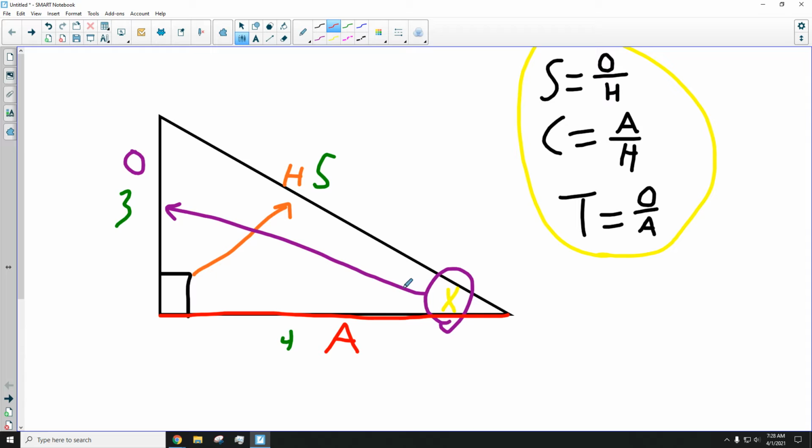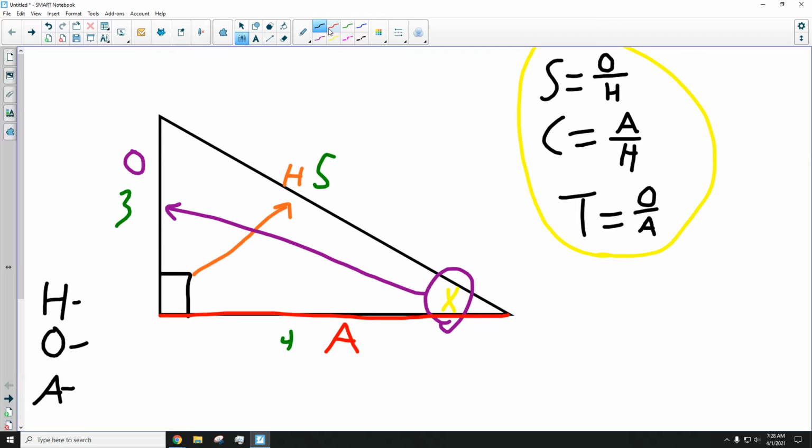So in this situation, I need to use these sides and find my ratios. So here I have opposite over hypotenuse. One suggestion from my co-teacher is making a list of your three sides over here every time.